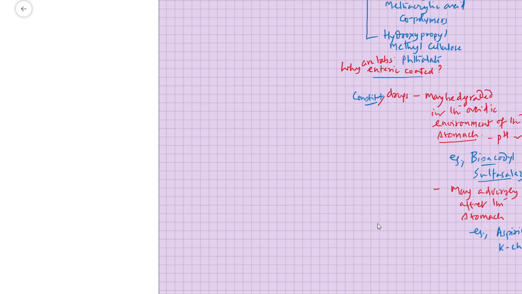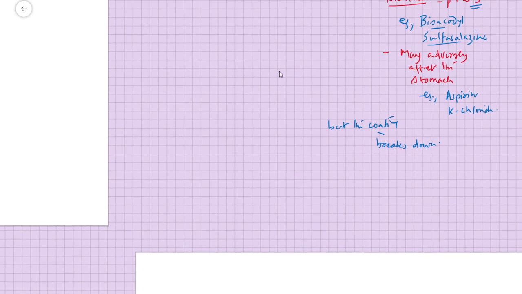So they have got no problem. The coating is not compromised in the acidic environment at this pH, but the coating breaks down in the alkaline environment of the intestine.